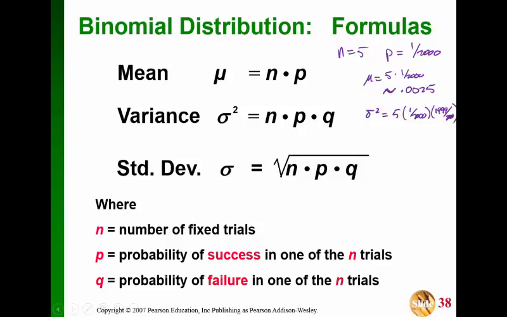So whatever this turns out to be, what is it? 0.0024, and then to find the standard deviation, I'll just take the square root of that. 0.05.